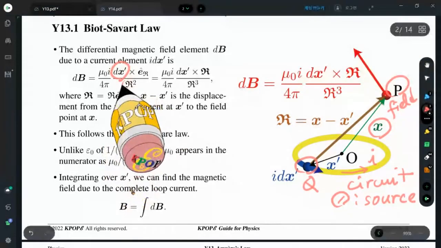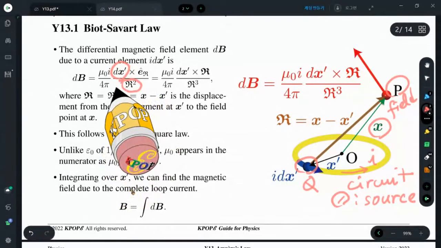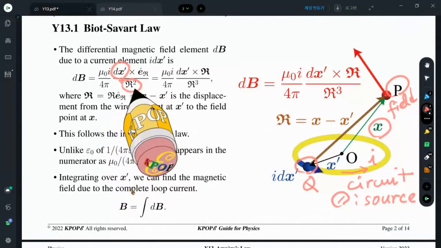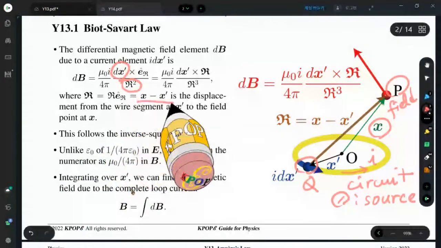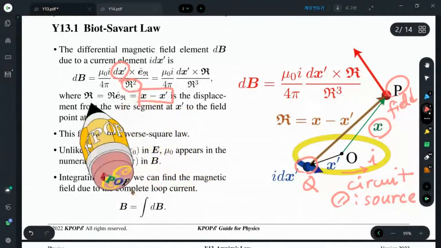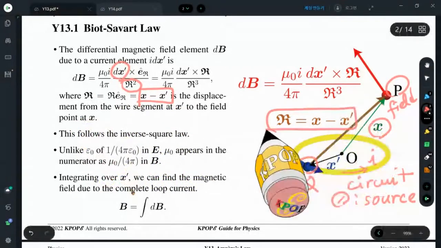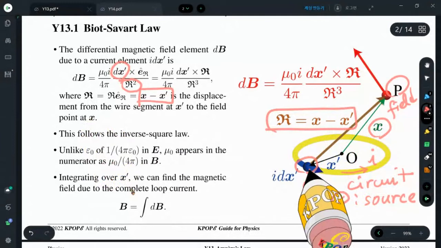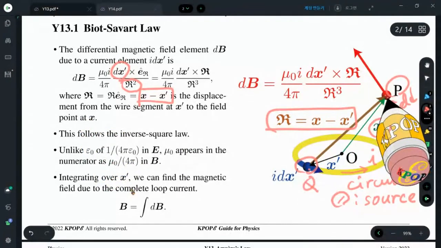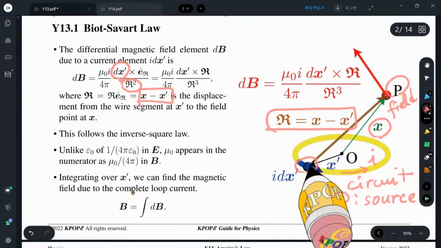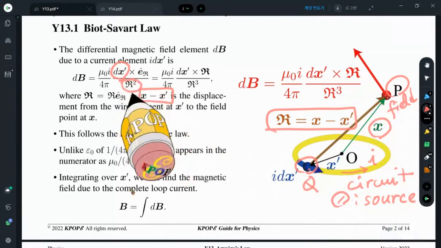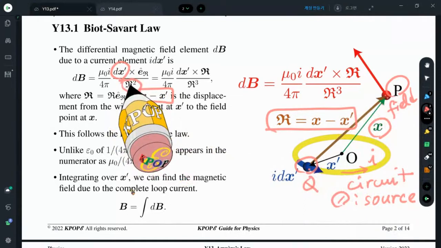It follows the inverse square law. This capital R is the magnitude of this vector. What is that? This is the displacement from the source to the field point. So this length squared is divided out.